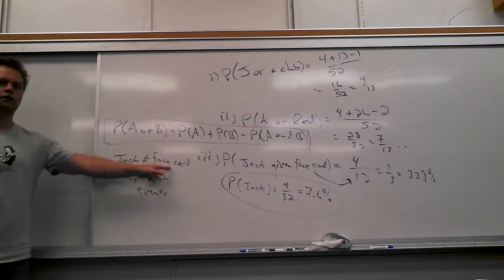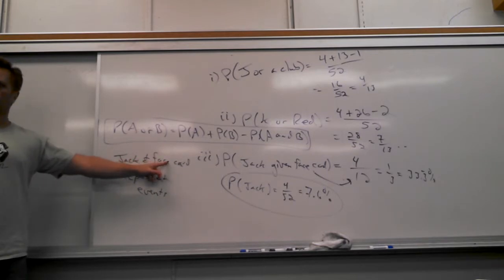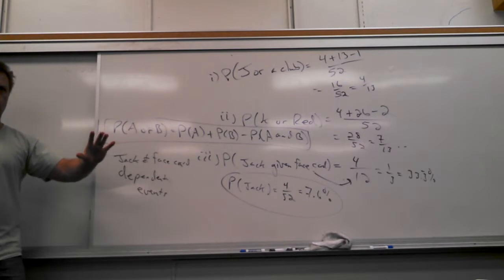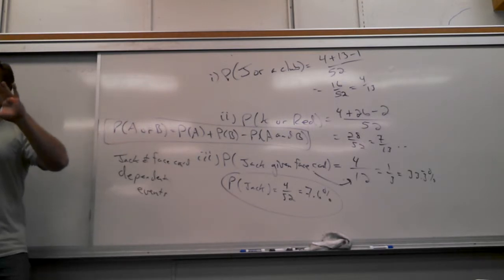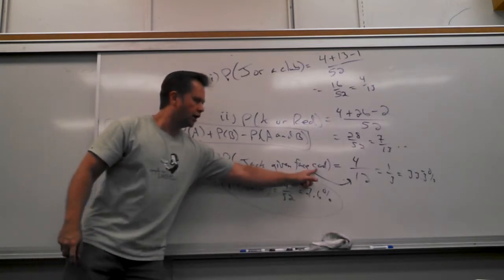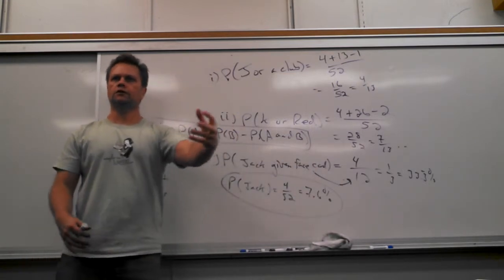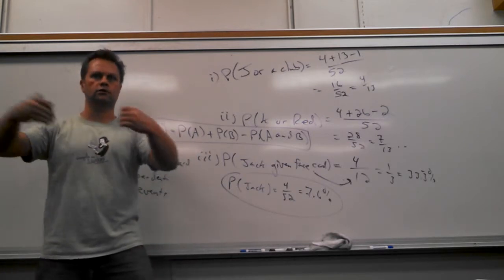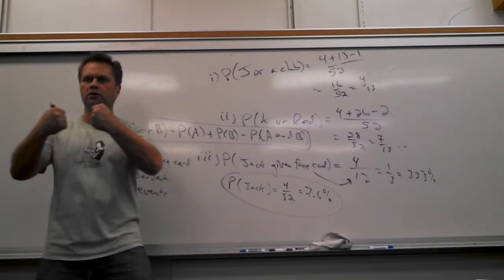So these are dependent on each other. How are you guys doing? Does that make sense? How can I tell? The probability that it's a jack changed once I knew it was a face card. So knowing it's a face card changes the probability it's a jack. So they're dependent.